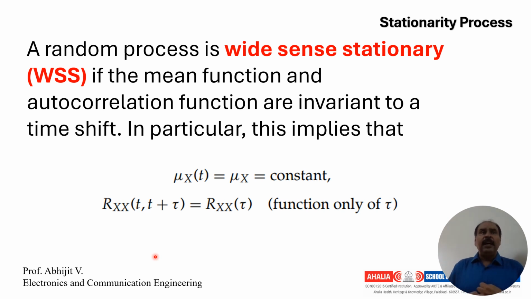Second condition is that the autocorrelation should be invariant, or the same, as the time shift tau changes. These two conditions are extremely important. You need to study this for your exams, and you need to check the conditions also.